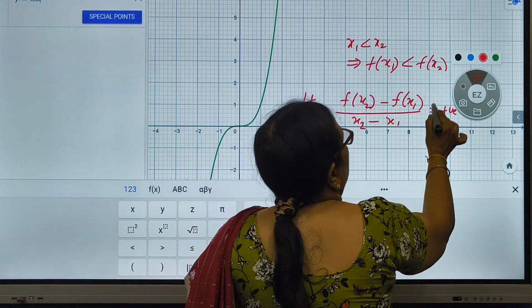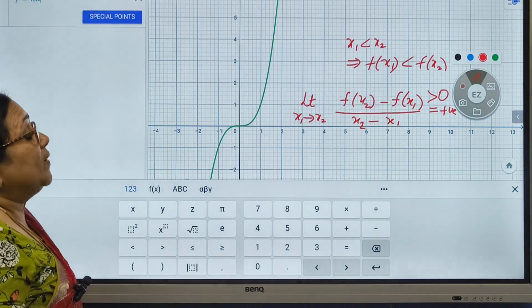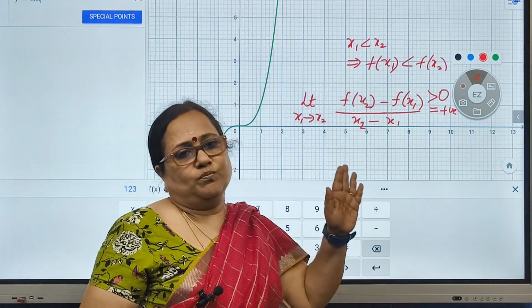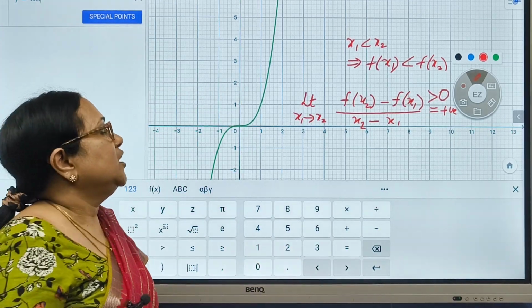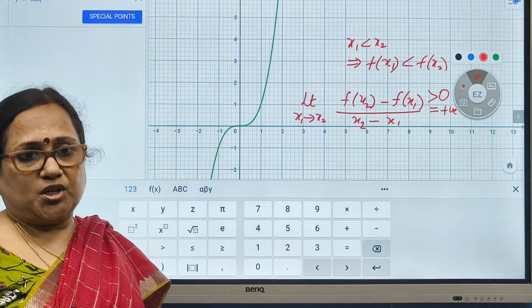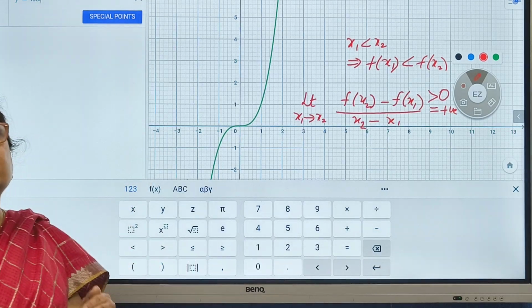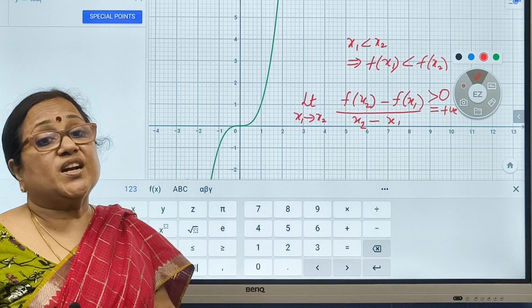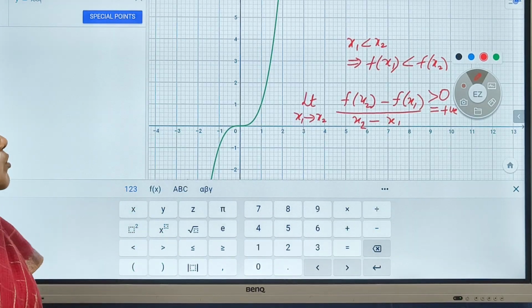I can say therefore it's greater than 0. But what is this? Nothing but the slope, that's nothing but dy by dx. So, if f is an increasing function, its slope is positive and dy by dx is greater than 0 for a strictly increasing function, greater than or equal to 0.